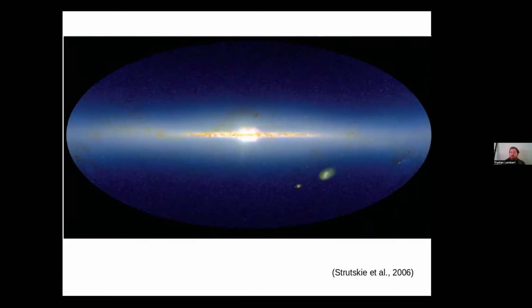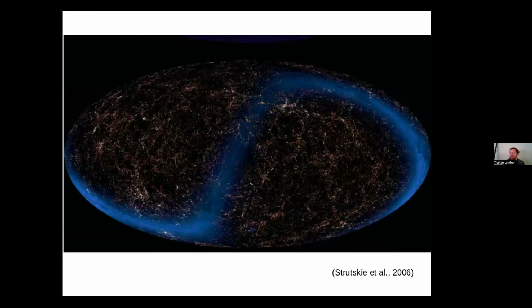From this, there was a point source catalog which consisted of 500 million stars and unresolved galaxies. And what's more interesting to us in the audience today is the extended source catalog, which consists of around 1.6 million extended sources. In other words, resolved galaxies.